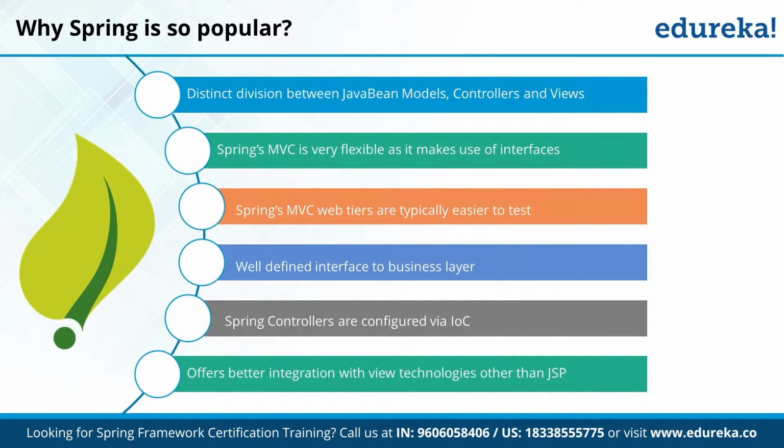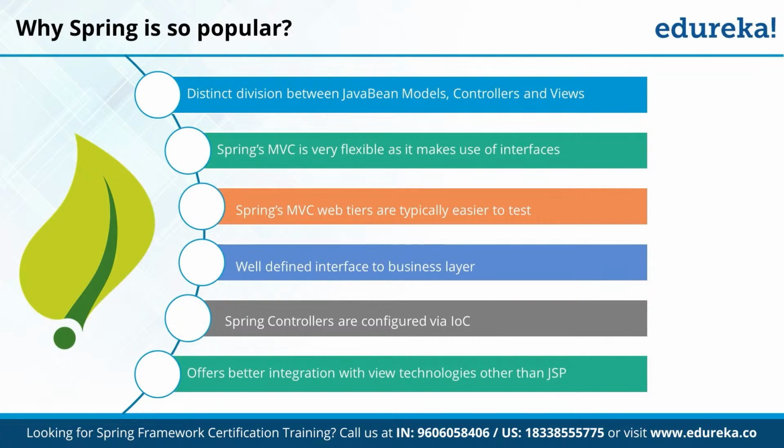So we can say it's an architectural design pattern which is followed by the Spring Framework, one of the most popular design patterns, right? So it's very flexible. MVC is very flexible as it makes use of interfaces. So here we use interfaces so that we can write the implementation as per our requirement. So nothing like restriction coming up over here.